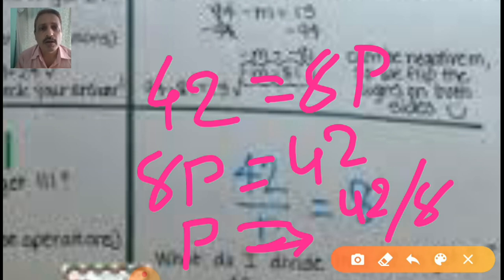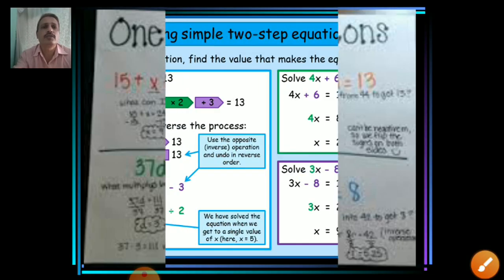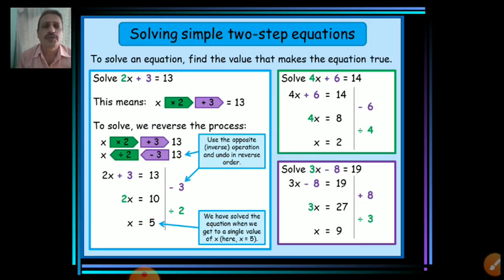You have to count the 8 table or divide. Yes, 8 5s are 40, and then 2 upon 8, that means 1 upon 4. Good. Now you got the idea how to find the solution of an equation.